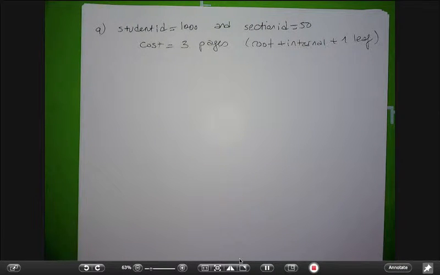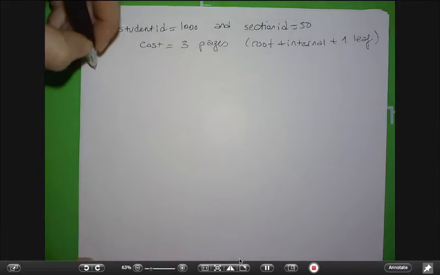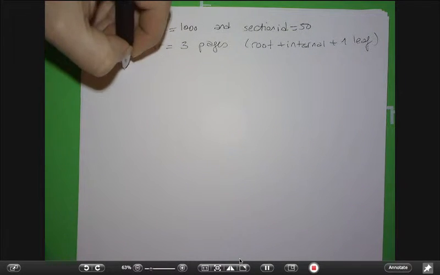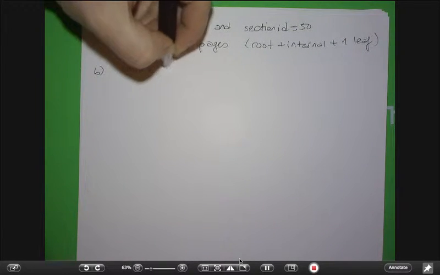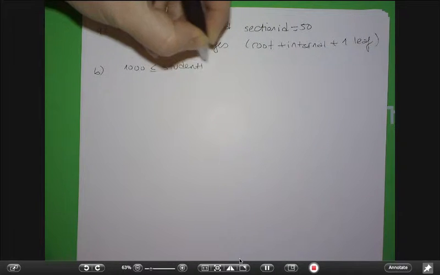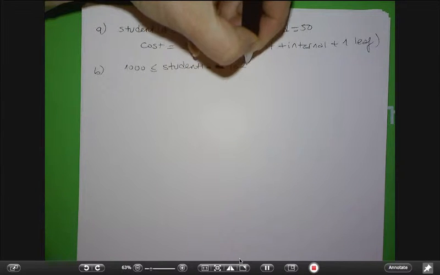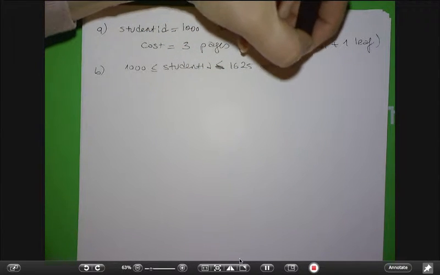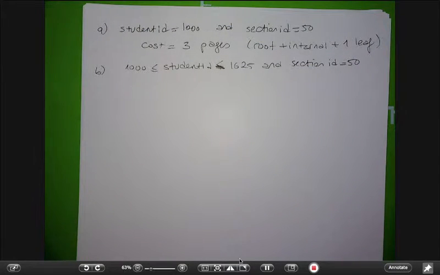Now, B is the hardest one, okay? This one says I am looking for student ID less than 1625 and section ID equals 50. What can we say about this one? You could say I go student ID 1 section 50, student ID 2 section 50.